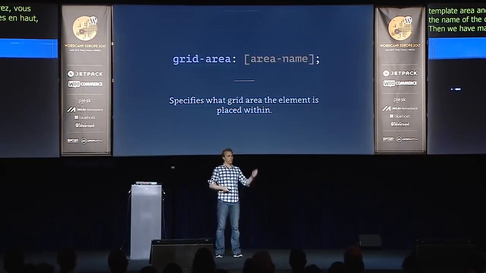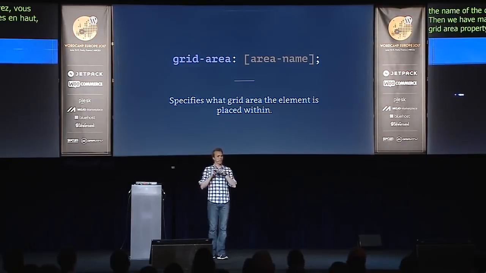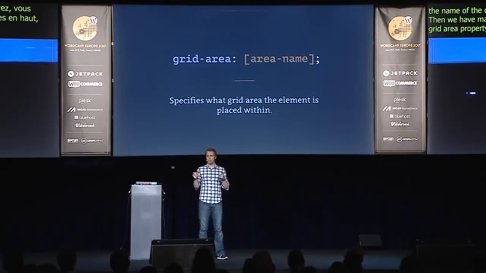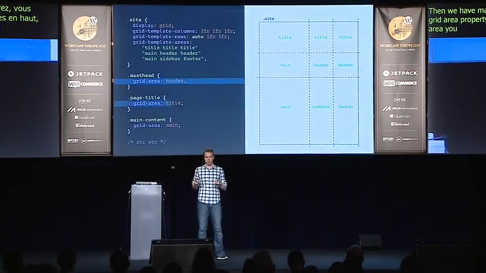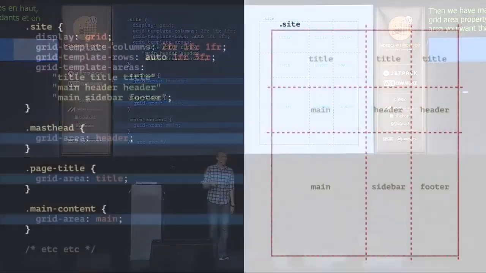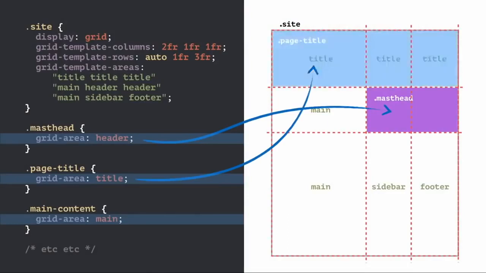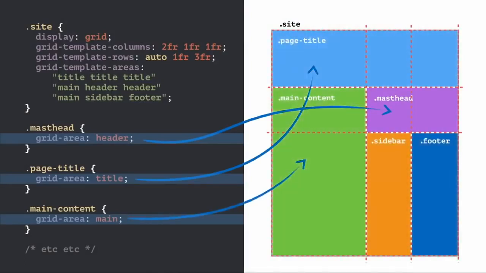Then you use the grid area property on individual child items, and you just declare the name of the area you want that element to appear in. So if you say grid area header, well, that's wrong. Oh, no, it's right. If you say grid area header, the element goes to the header area. If you say grid area title, it goes to the title area.